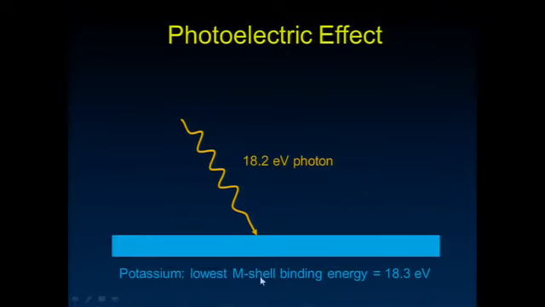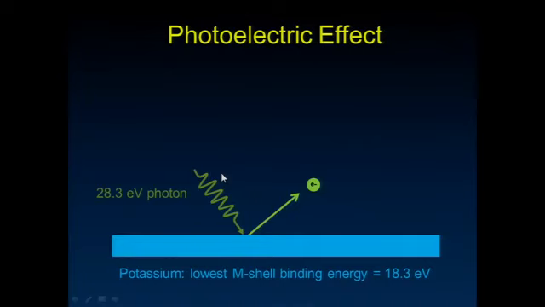The M-shell binding energy of potassium, the lowest energy at which any of its electrons are bound, is 18.3 electron volts. You can beat potassium all day long with multiple 18.2 eV photons, and they never add up together like waves might and knock out one of these electrons from their shell.